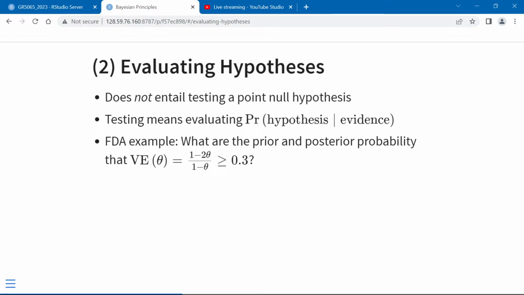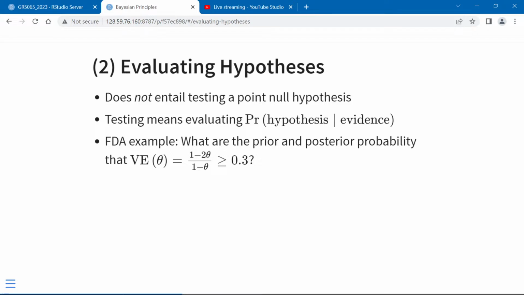So what we mean in this case, testing a hypothesis from a Bayesian perspective, means testing the research hypothesis, not testing a point null hypothesis like we would in a frequentist case. This is usually to evaluate the probability of a hypothesis being true given the evidence. And in the example of the FDA, okay, our hypothesis is that the effectiveness of the vaccine is greater than 0.3.